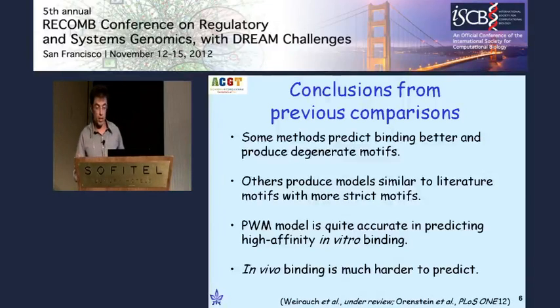In addition, both studies have shown that the PWM model is quite accurate for predicting high affinity in vitro binding. Unfortunately, they found that in vivo binding is much harder to predict than in vitro binding.